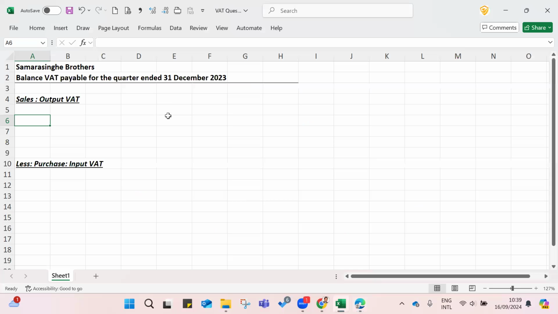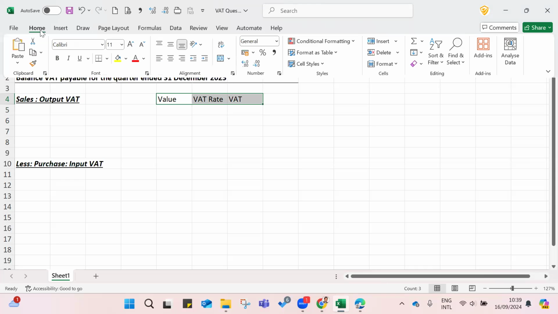Then if you want to segregate this, I would say the value, the VAT rate, and the VAT amount, right? You can also be familiar with this format.